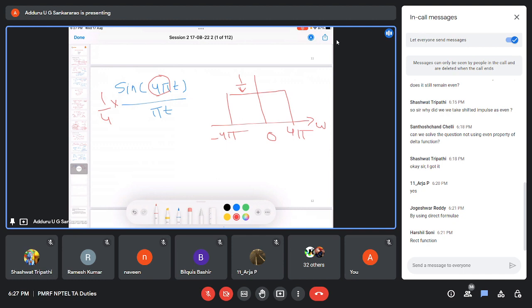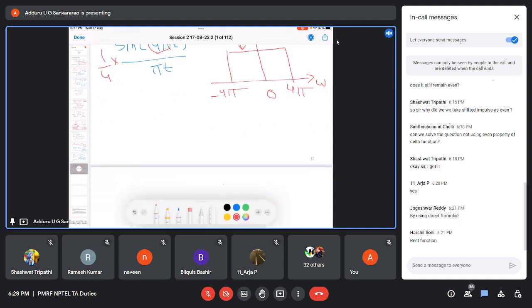Now energy in the frequency domain we already know: 1 by 2 pi integral from minus infinity to infinity of |X(omega)| squared. Here the integration limits are from minus 4 pi to 4 pi, because elsewhere the value of the signal is 0.